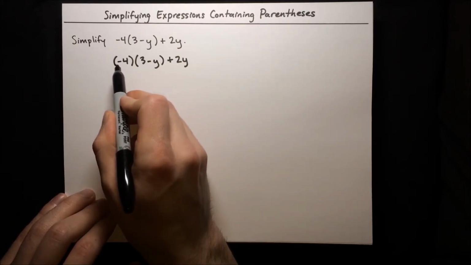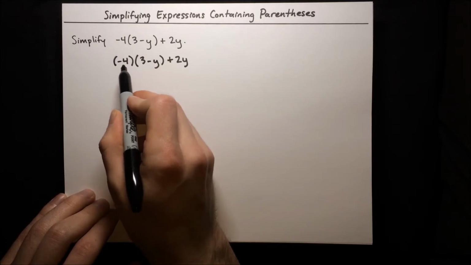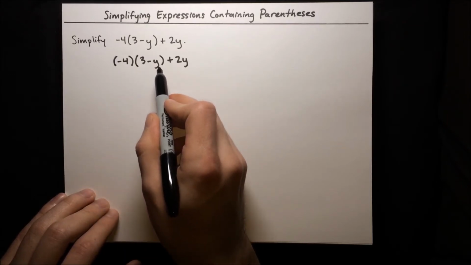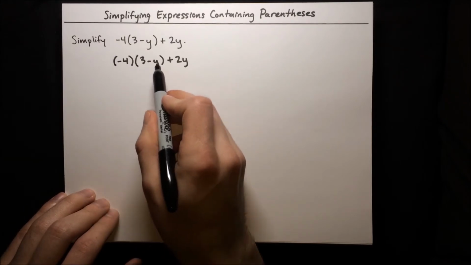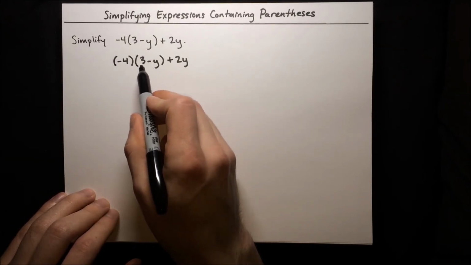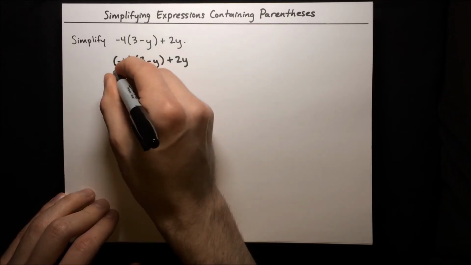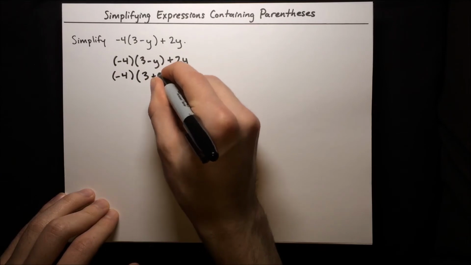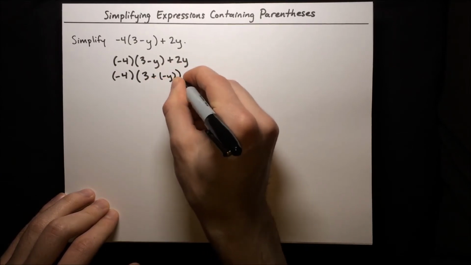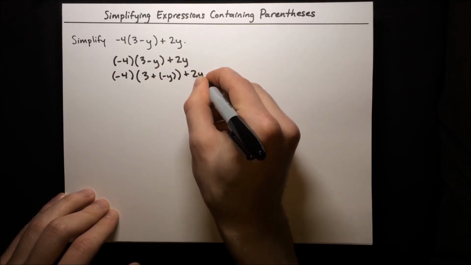We want to carry it with the 4 wherever the 4 gets distributed here. Okay, and we should also do the same thing with the minus y here. Let's write that as 3 plus negative y. So negative 4 times 3 plus negative y, and then plus 2y at the end.